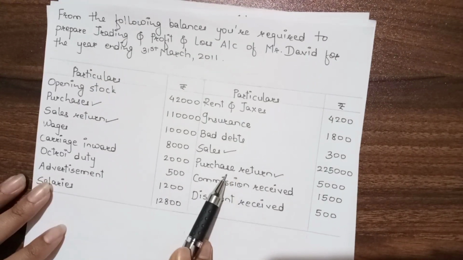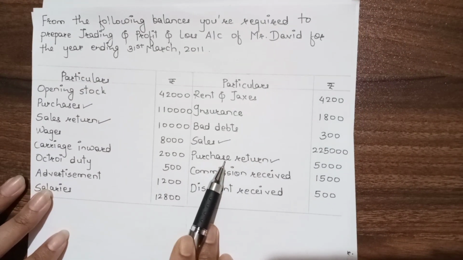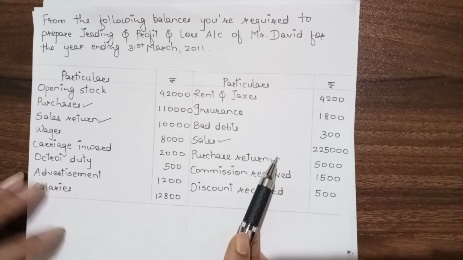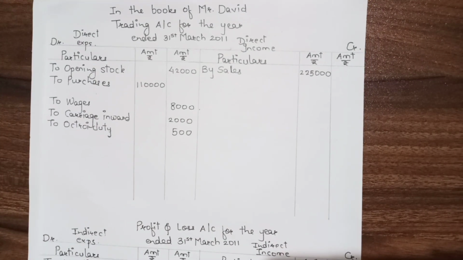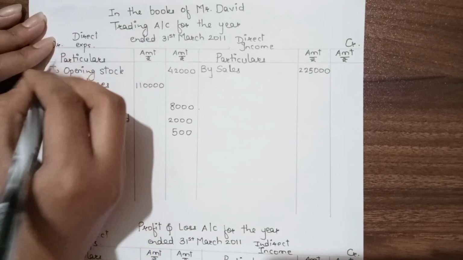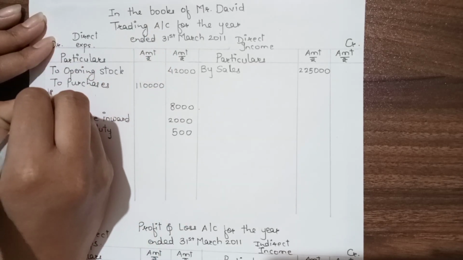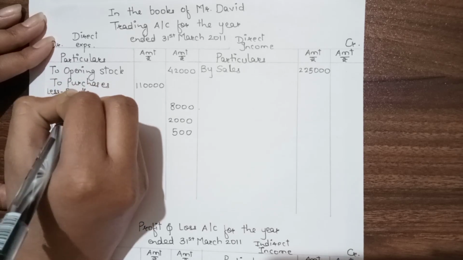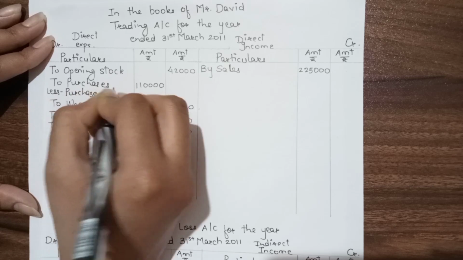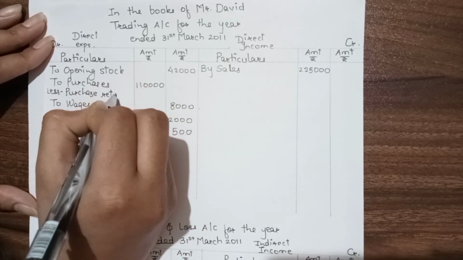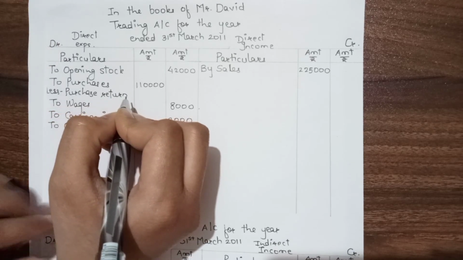Next one is purchase returned. Now this is also an adjustment on purchases, so we are going to subtract it from purchases. Here, less purchase returned, amount rupees 5,000.